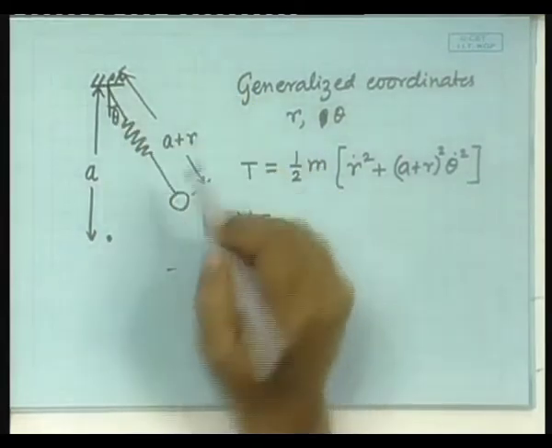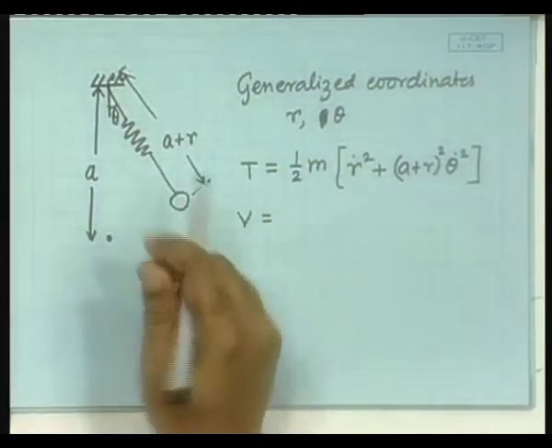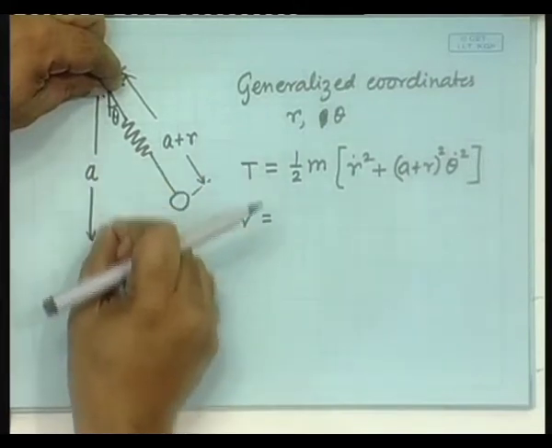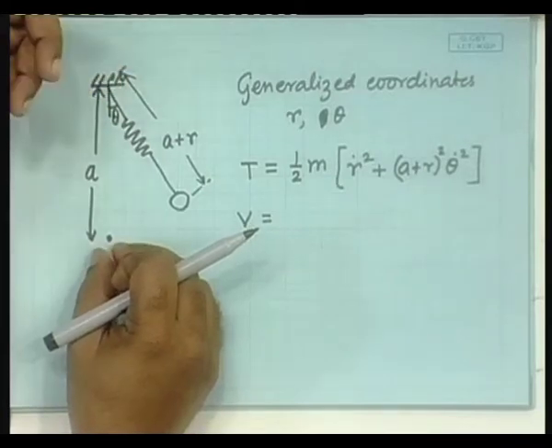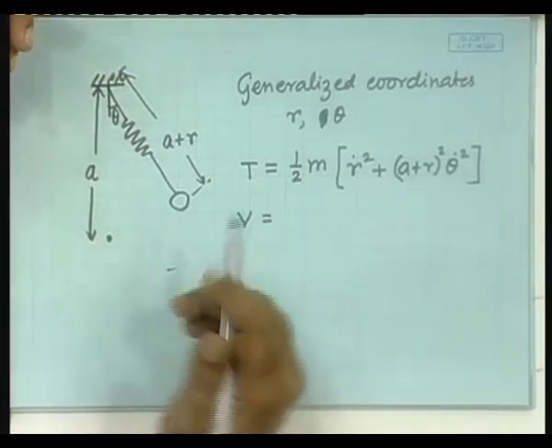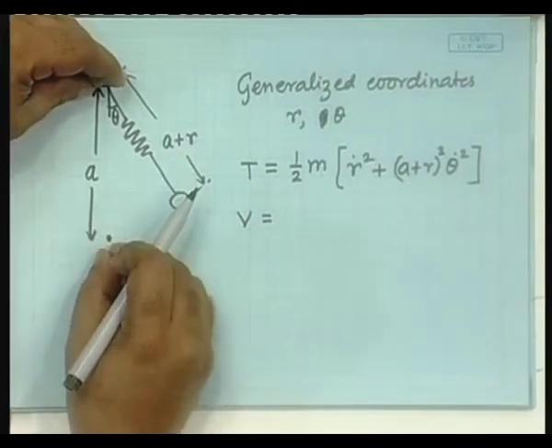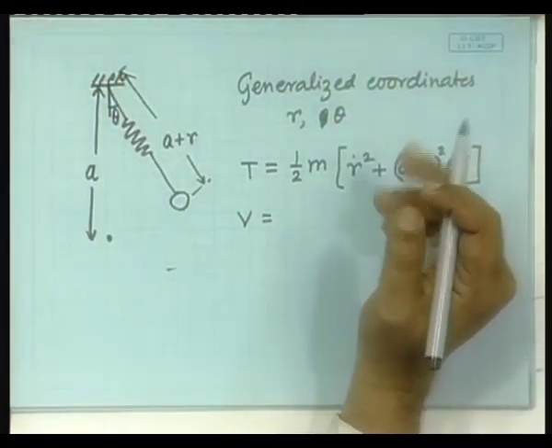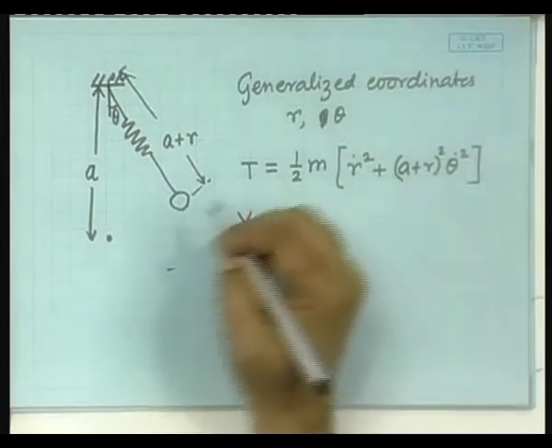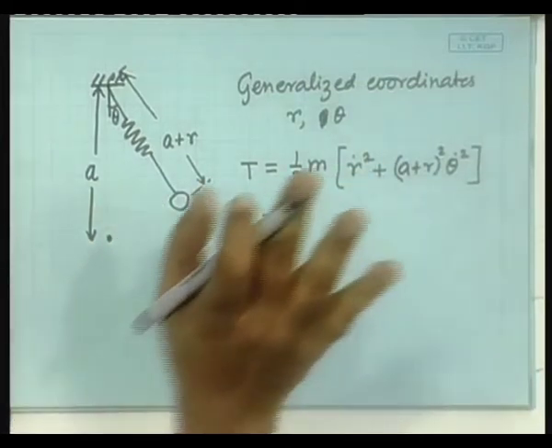From there, it has already been elongated by application of a force mg. So how much has it already elongated? Mg by k. It has already elongated in this position by mg by k.